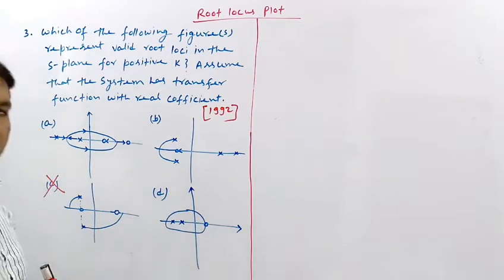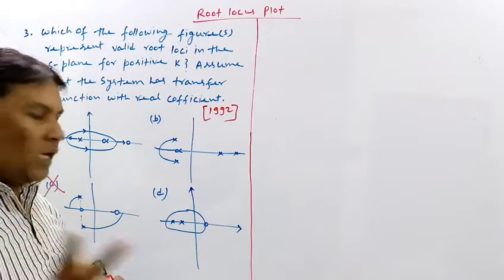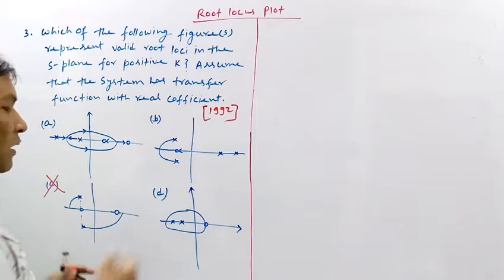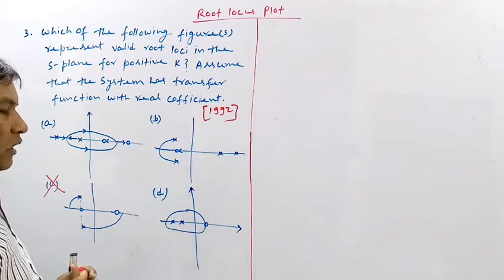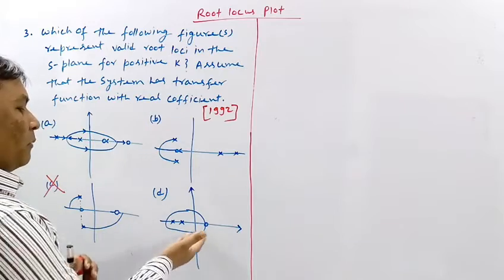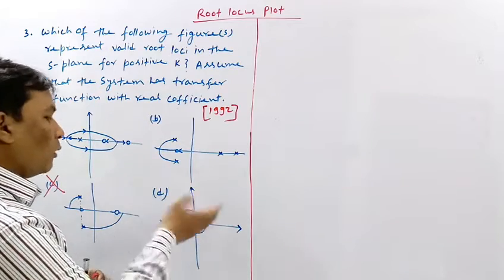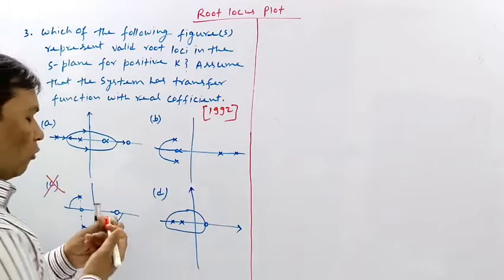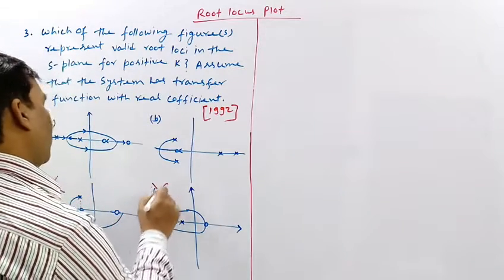So there should be two branches, and one branch must terminate at infinity. But here it is not showing where one branch is going. The direction is also not shown in this picture. So this option will also not be correct.